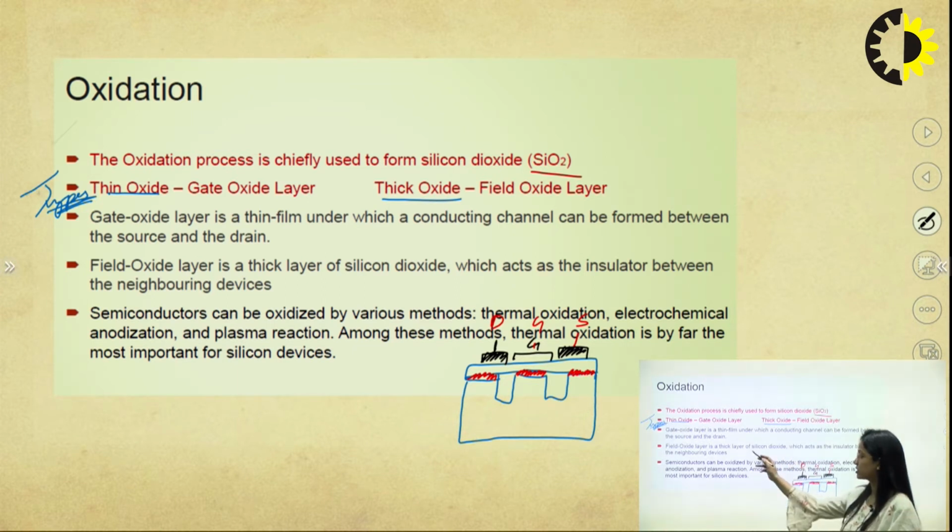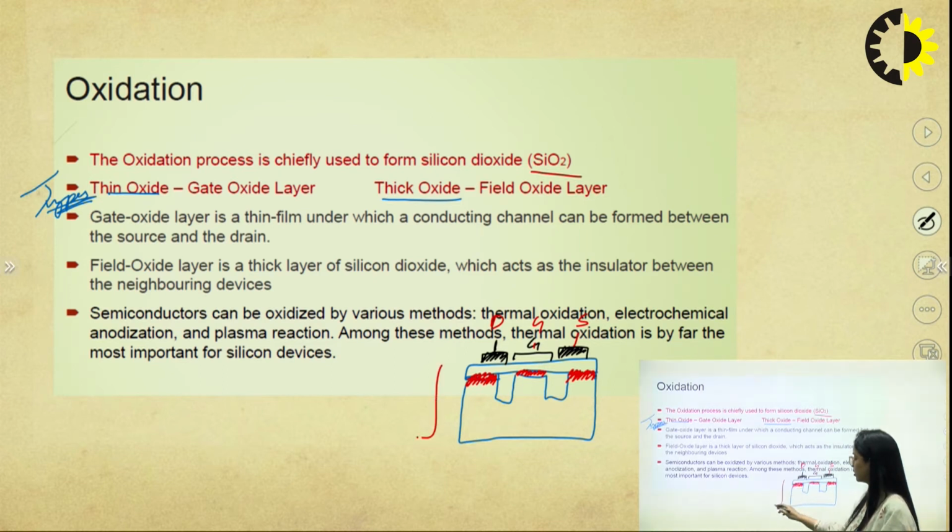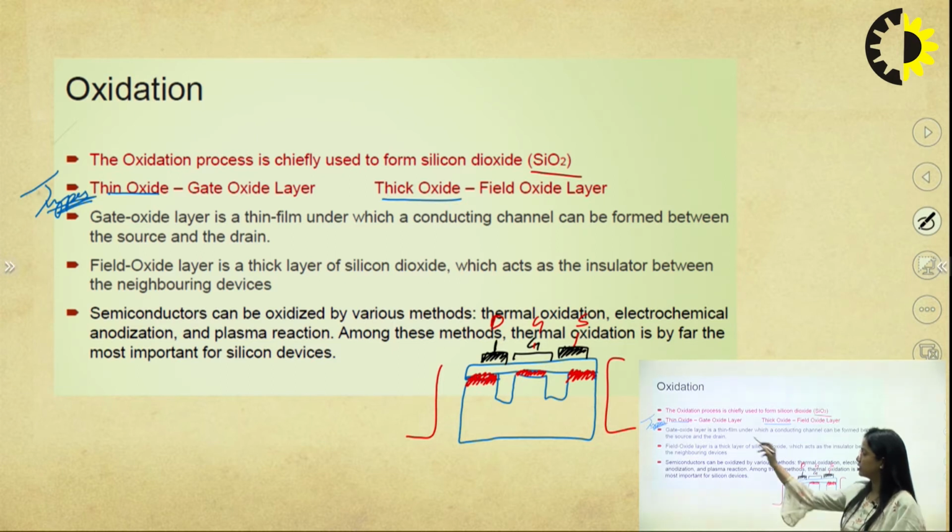Field oxide layer is a thick layer of silicon dioxide, let me make it thick, which acts as an insulator between neighboring devices. Here I'll have another device also. The gate oxide layer is a thin oxide layer under which a conducting channel can be formed between source and drain. So here we can see there will be a conducting channel between source and drain.